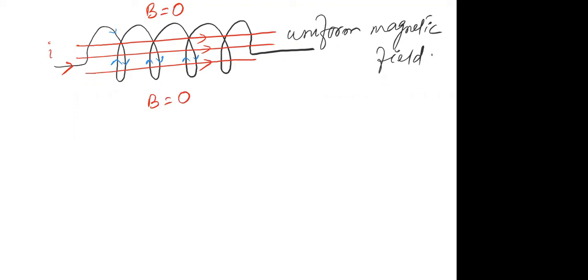In actual practice, there exists some magnetic field outside the solenoid also, but it is so weak that we neglect it in comparison to the magnetic field which lies inside the solenoid. So outside the solenoid, we will not consider any magnetic field. All the magnetic field will be considered in the core of the solenoid, right? In the core of the solenoid.